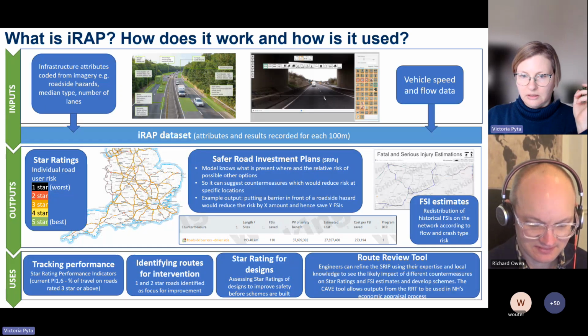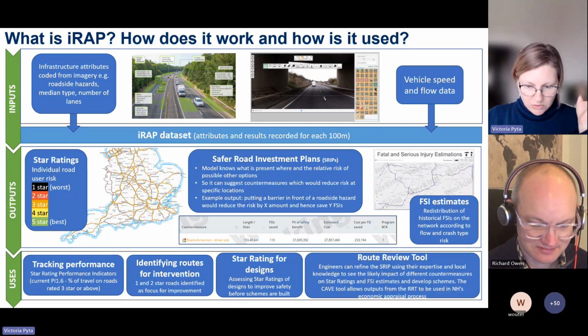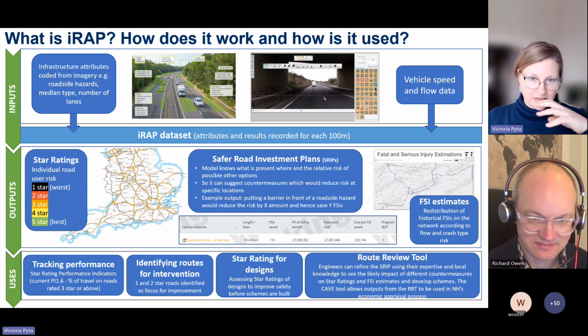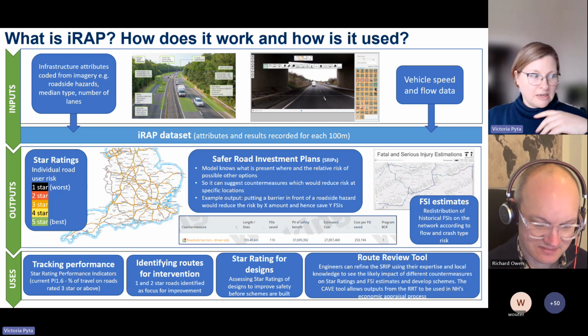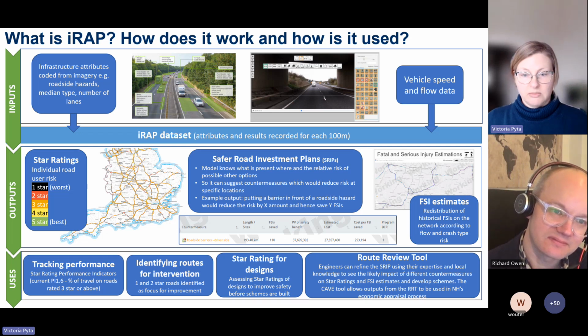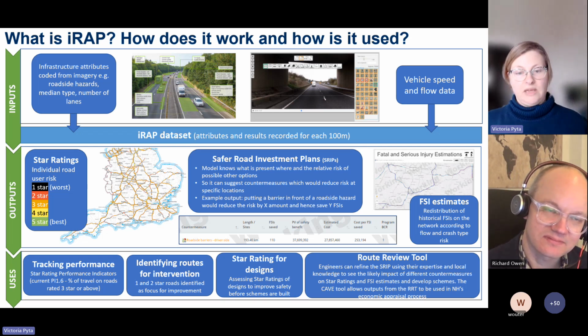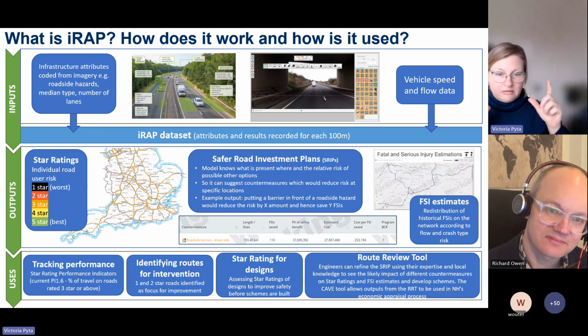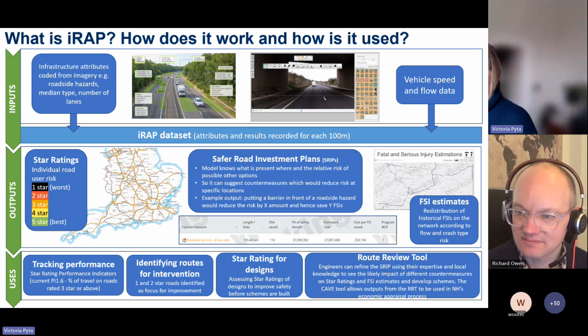So just for anyone who's not aware of what IRAP is, it is a rating system essentially. IRAP stands for International Roads Assessment Program, and essentially what we do is take a video survey of our network. We've just commissioned the 2025 survey, so we have vehicles out on the network at the moment, trundling along, taking a video of the whole network.